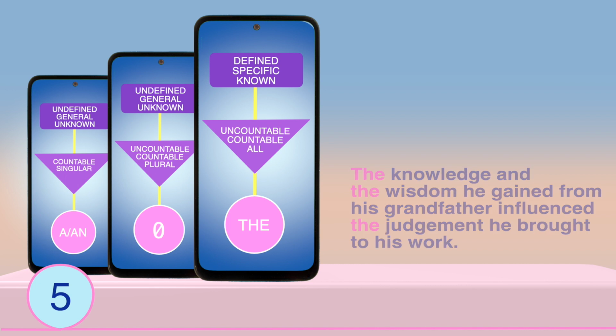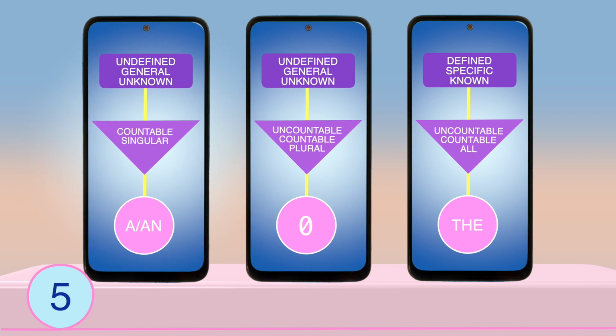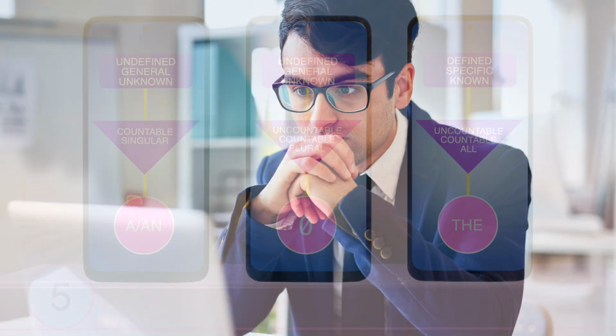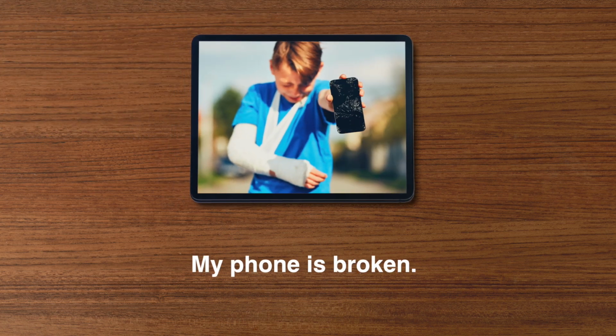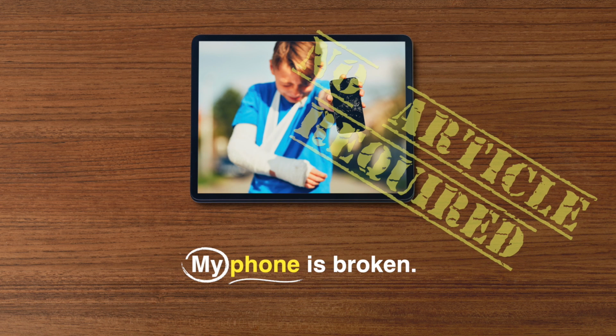That's all there is to our standard 5-step rule to choosing the right articles for your nouns when they are used generally. Let's have a look at a couple more examples. My phone is broken. In this sentence, our noun is phone, but it already has my, which is a possessive adjective type of determiner in front of it, therefore no article is required.